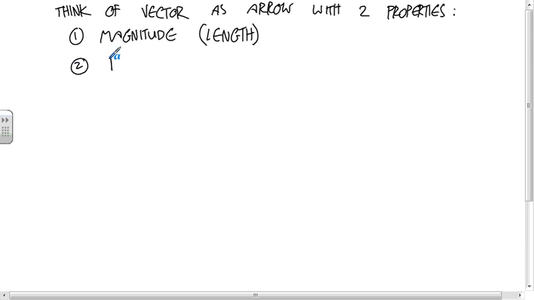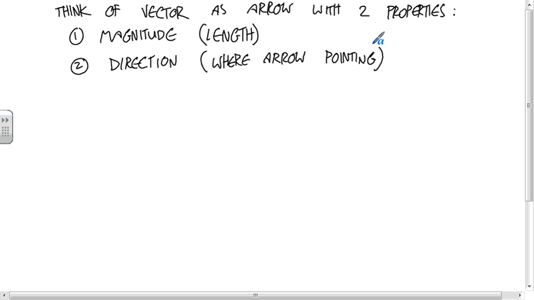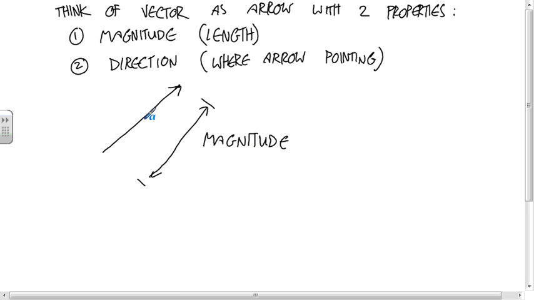And a direction, which is where the arrow is pointing. So, for example, this is a vector. Its magnitude is given by this length. And its direction is into the upper right corner.